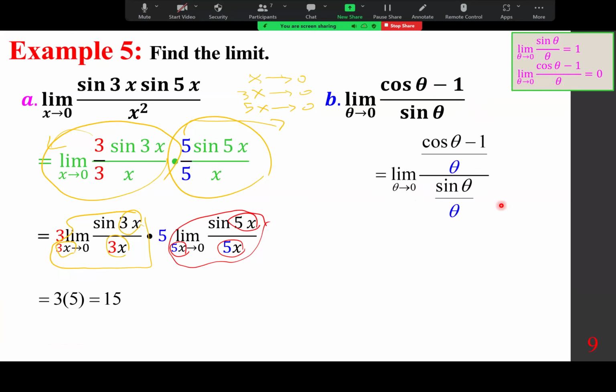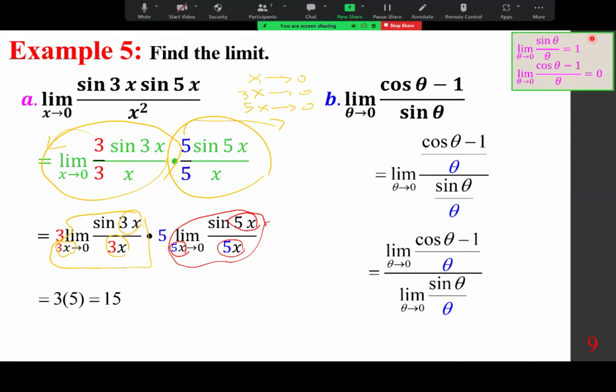Because I'm doing it to both the numerator and denominator, I'm not changing the essence of the fraction. Therefore, I'm going to take the limit of the top as theta approaches 0 and the limit of the bottom as theta approaches 0. This will be replaced with 0. This will be replaced with 1, and 0 over 1 is 0. So we proved the answer is 0.